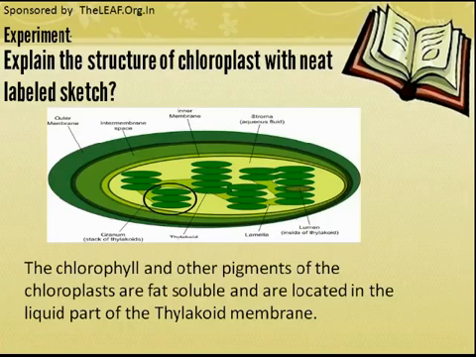If we look at the real structure and go deep inside the chlorophyll, the two major kinds of chlorophylls are associated with the thylakoid membrane. Chlorophyll A is blue-green in color, and chlorophyll B is yellow-green.